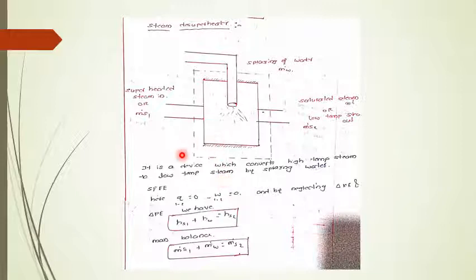Neglecting kinetic energy and potential energy terms, the steady flow energy equation for the desuperheater is enthalpy of steam at inlet plus enthalpy of water at inlet equal to enthalpy of steam at outlet, and this is the mass balance equation. Mass flow rate of steam at inlet plus mass flow rate of water at inlet is equal to mass flow rate of steam at outlet.